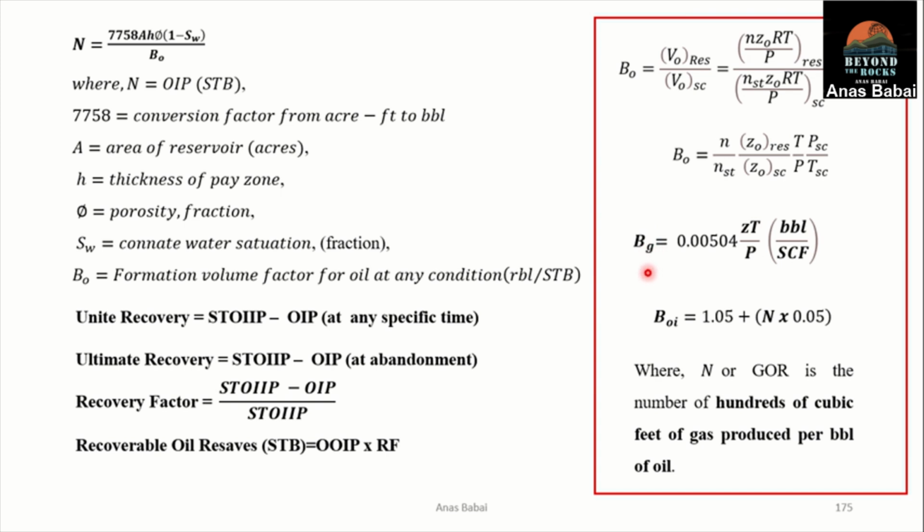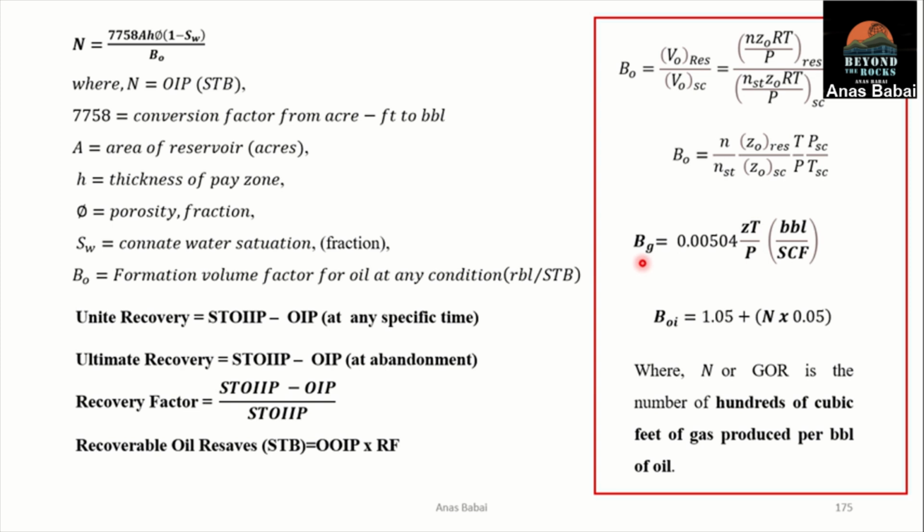And for example, if we also want to estimate the reserve at the abandonment stage, at which the reservoir is no longer able to produce hydrocarbon, in this case we will just find out the pressure value at abandonment, which will of course be very low, the temperature, and the Z value at that specific time, and we will substitute in the equation and get BG.